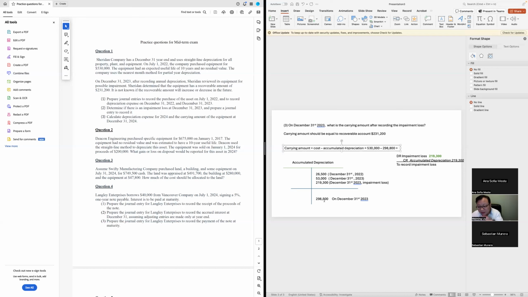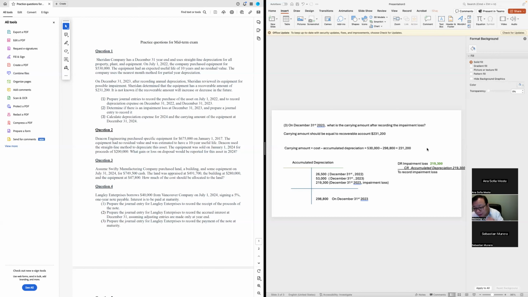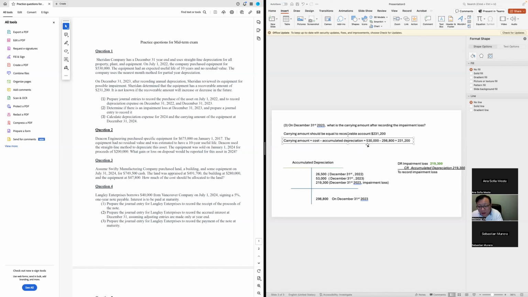So what is that difference? So that difference is, okay, 231,200. Does that make sense? See, either way, your carrying amount is equal to 231,200, right?